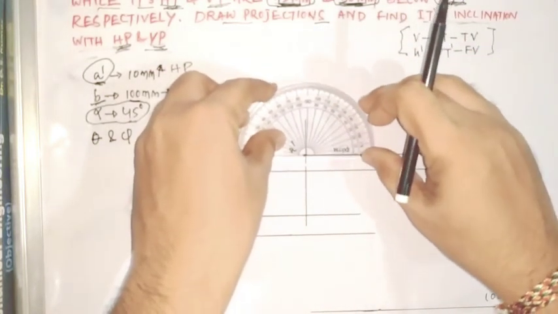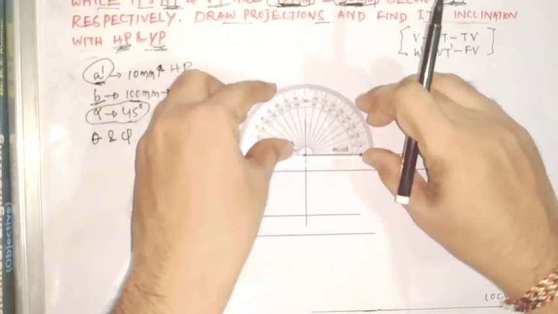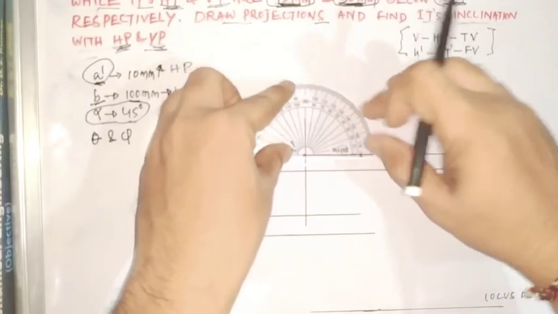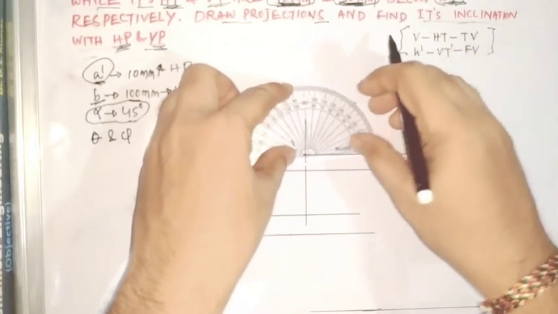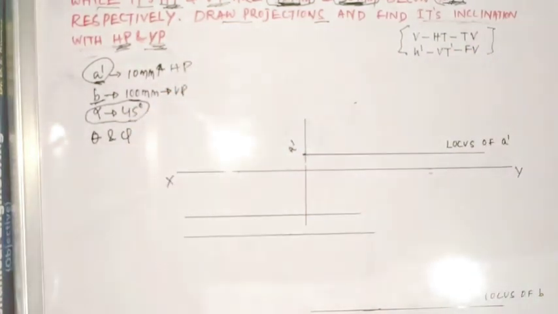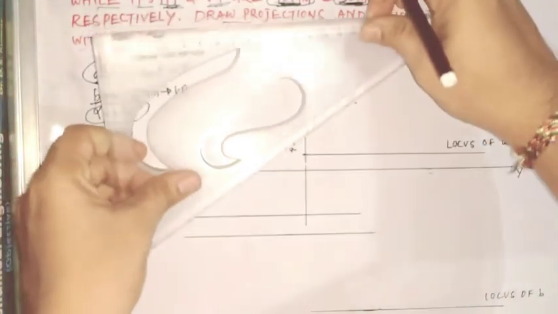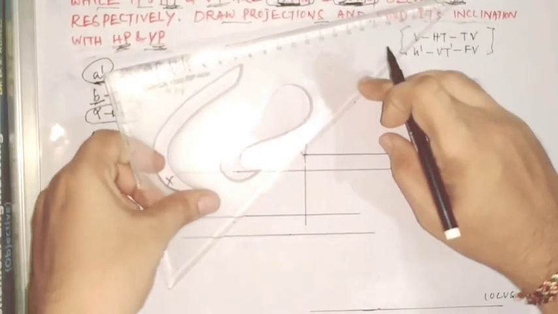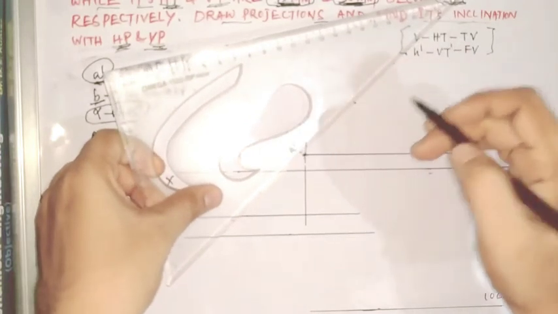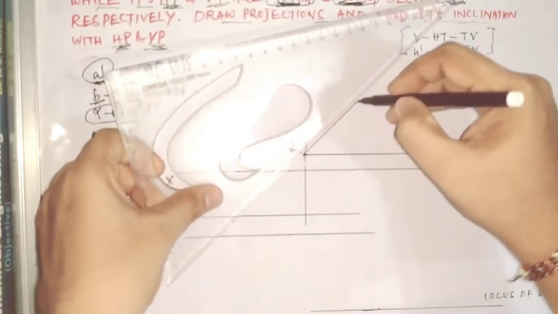So front view, that angle is given as 45. So let me draw 45, a line crossing at the 45 angle. So if we draw that, then I'll be getting a line somewhat like this. So let me draw that line. So I'll be getting a line like this.